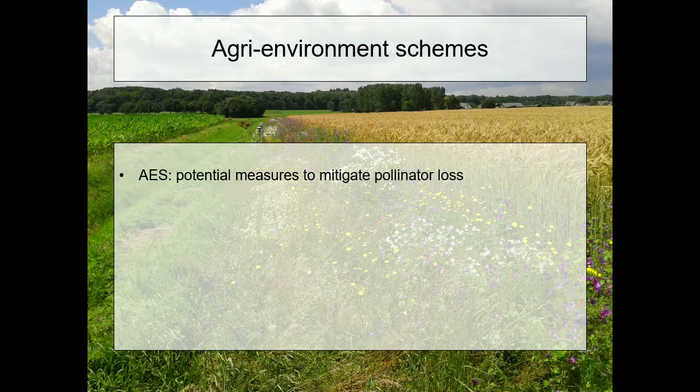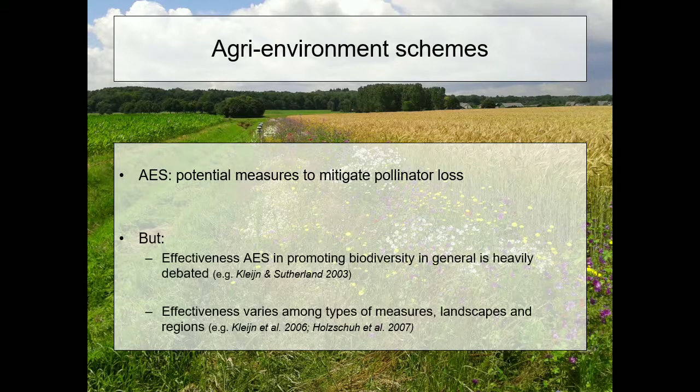And these can either directly or indirectly, by extensifying management, result in enhancing floral resources. But the general effectiveness of such measures has been debated, especially from the 90s onwards. And it seems that the effectiveness of these measures varies a lot between landscapes, regions, between types of measures, but also within measures.